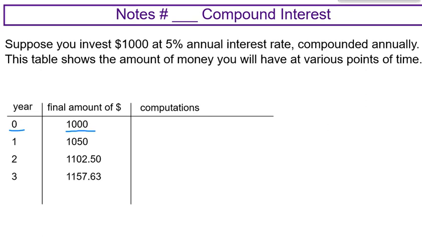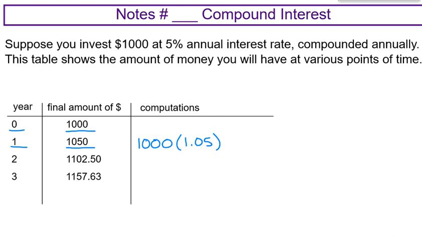Now, at the end of the first year, year 1, you have $1,050. How'd we get that? We took the $1,000 investment and multiplied it by 1.05, because that would be the original money plus an extra 5%.